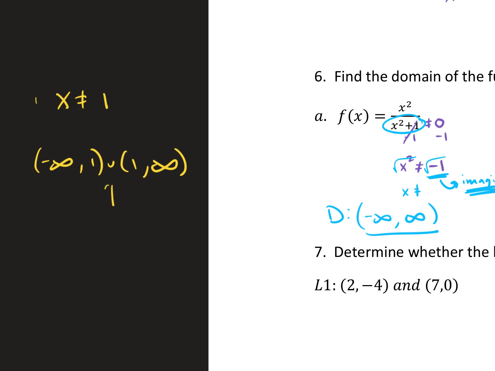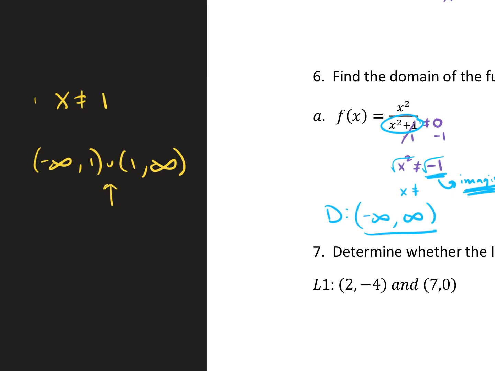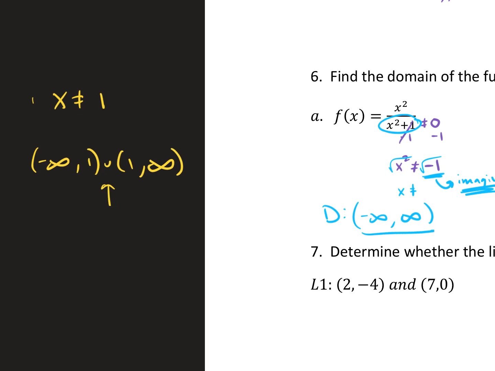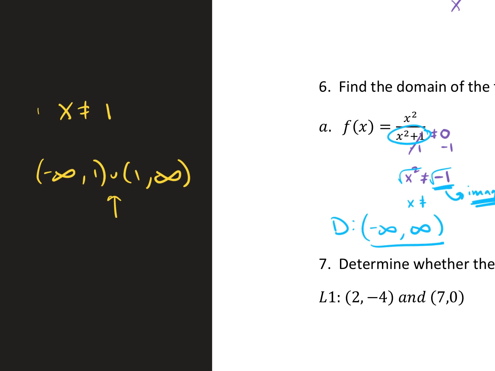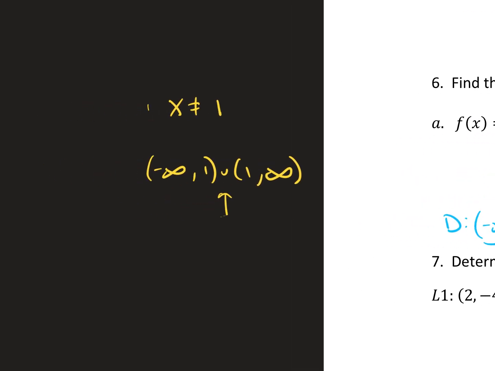It's a parentheses here because 1's not included. If it asks for interval notation, that would be this one. But if it's multiple choice, it could be written either way.